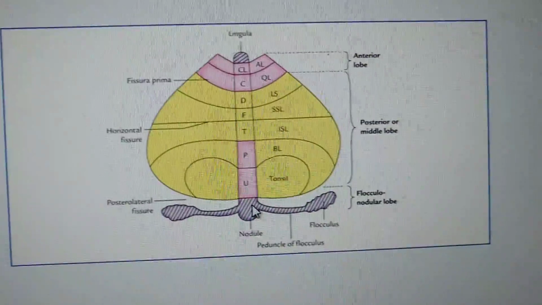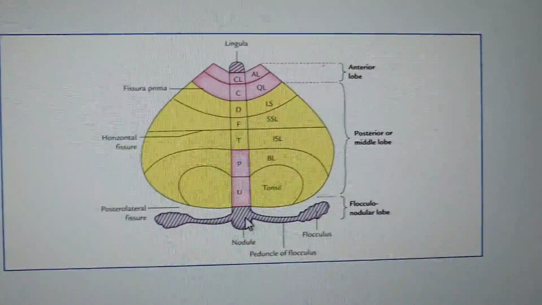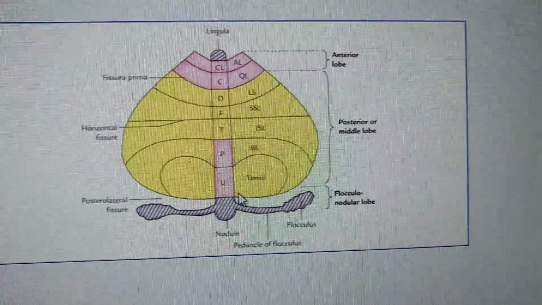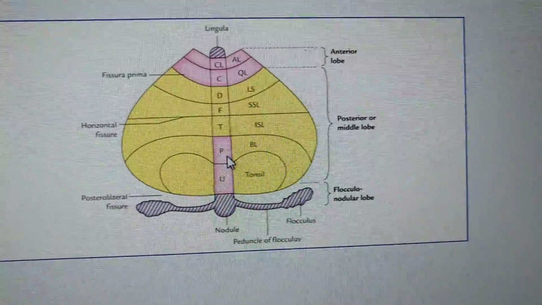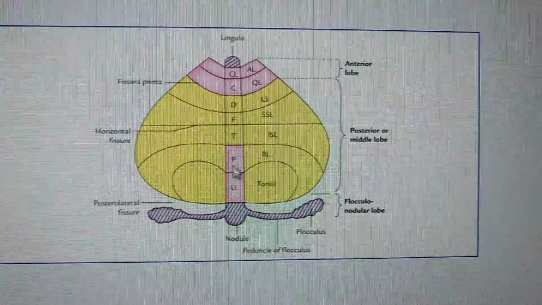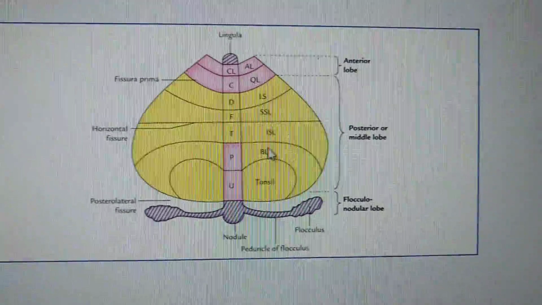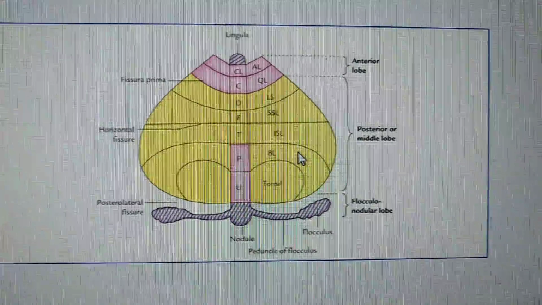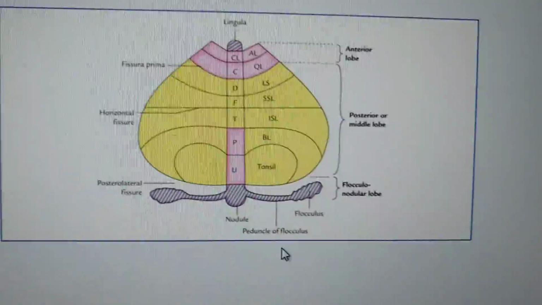Then we have the neocerebellum, that is consisting of the whole of the posterior lobe except the pyramid and the uvula, shown in yellow. So that is the neocerebellum. And it is concerned with the skilled voluntary movements.